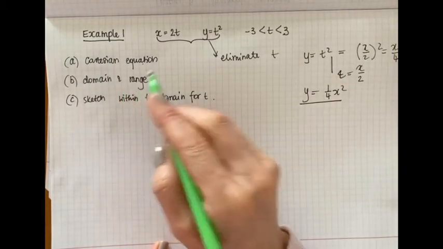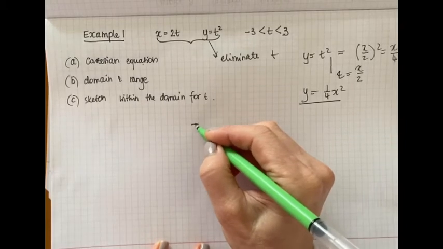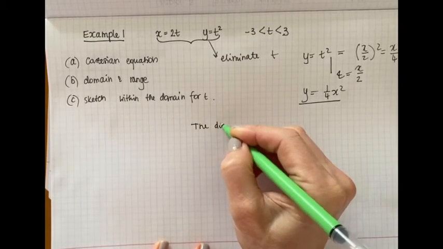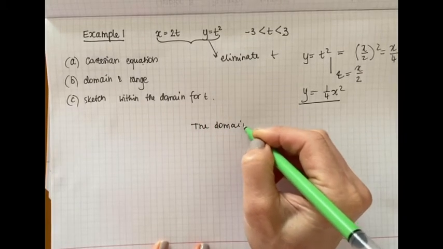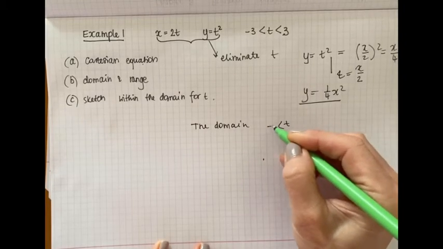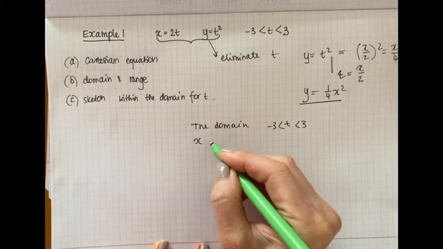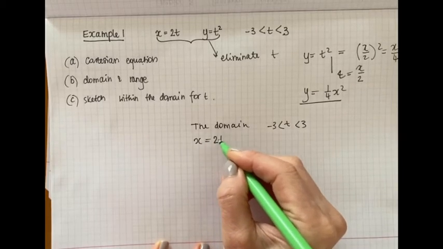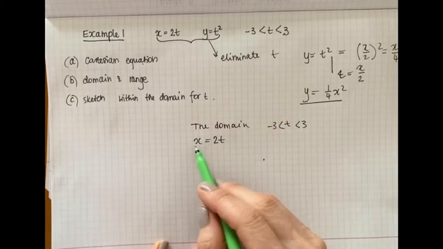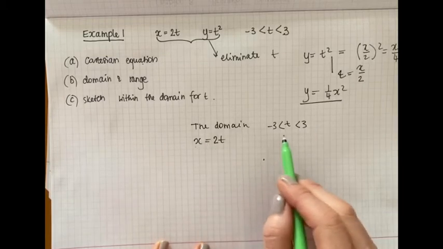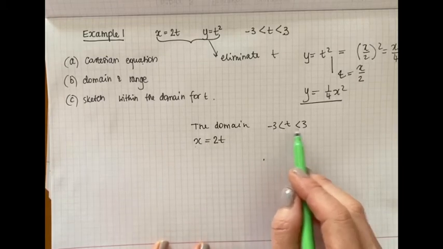Let's find the domain and range. So the domain: as t goes between -3 and 3, I need to see what the range of this function is. What are the possible values of x that I will get if I put t between -3 and 3?